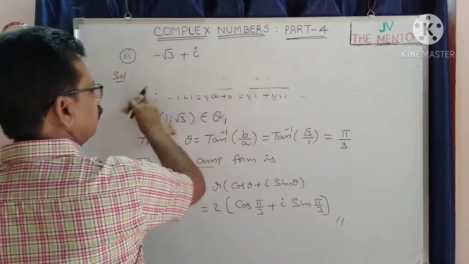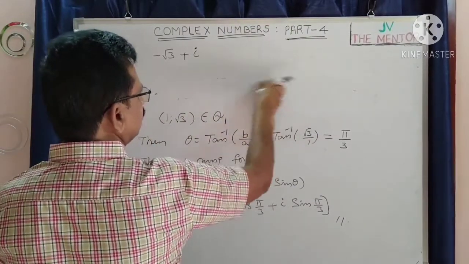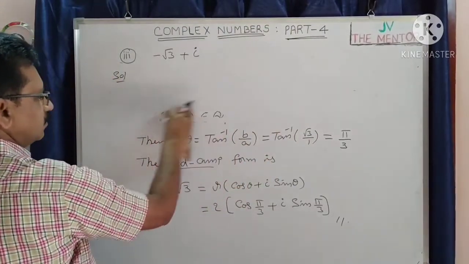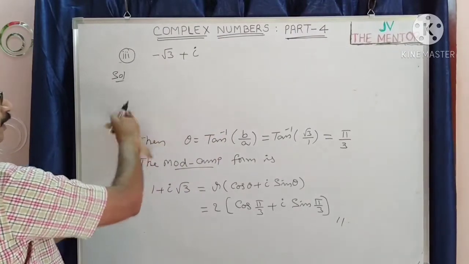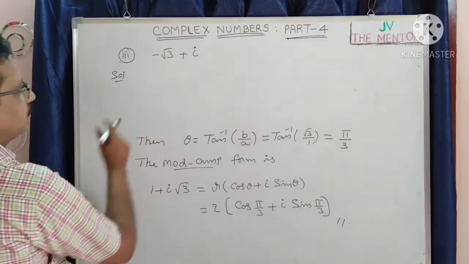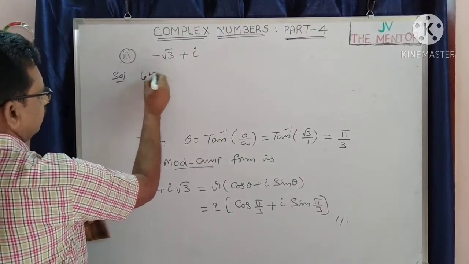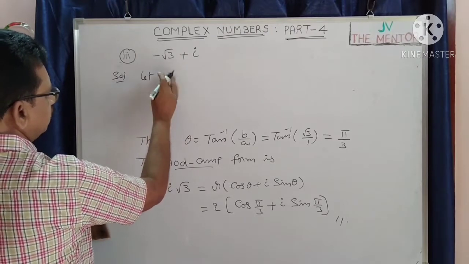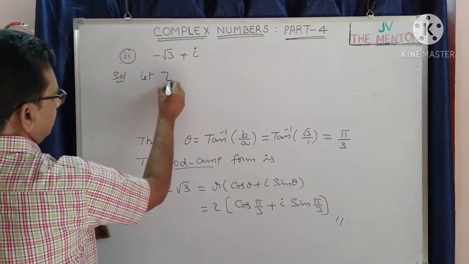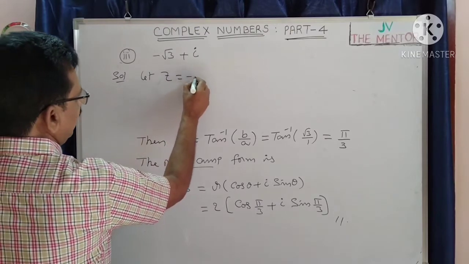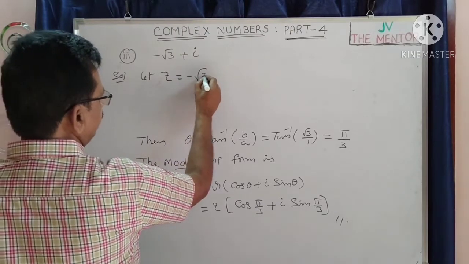Same model problems, very important problems. That's why I am explaining all the problems. Let z equal to minus root 3 plus I.